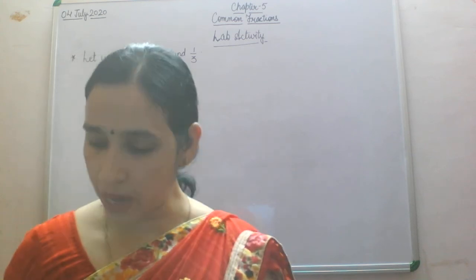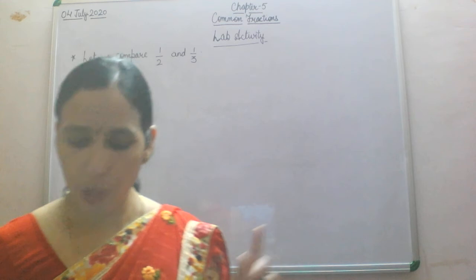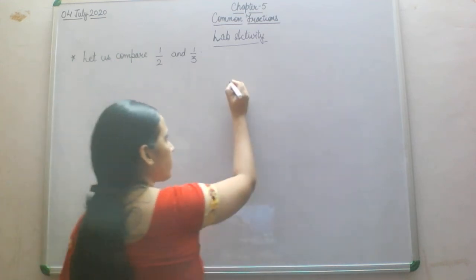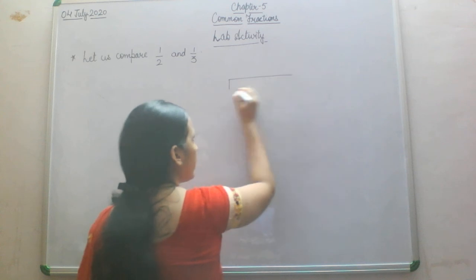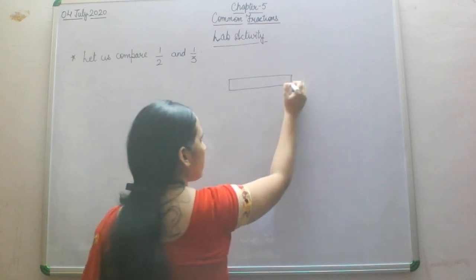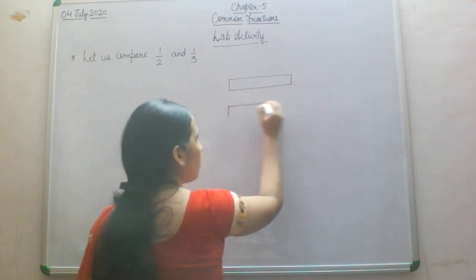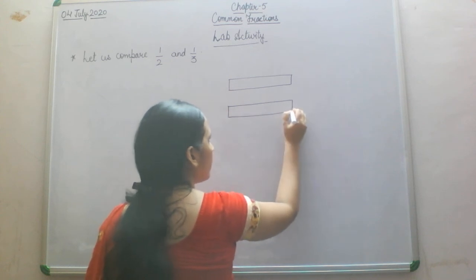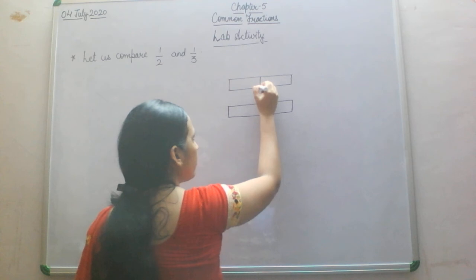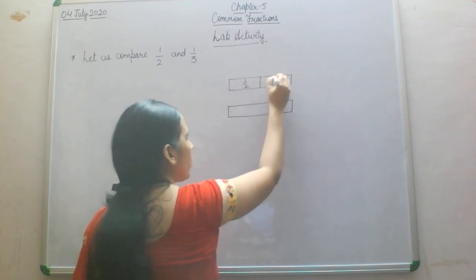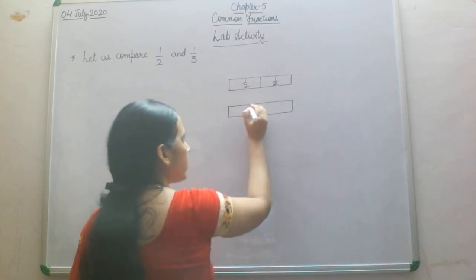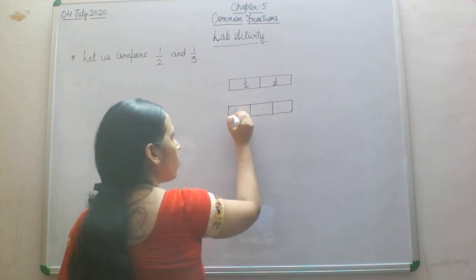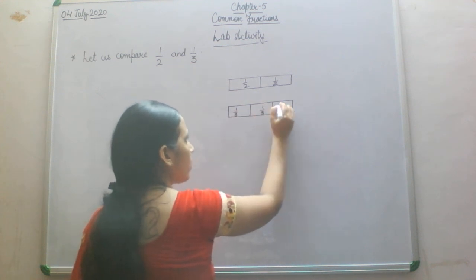Along with that, first you will paste two strips of equal size, and then divide the given strips into 1 by 2 and 1 by 3. Dividing it into 1 by 2, 1 by 2, 1 by 2 here, and in the second case you are going to divide it into 1 by 3, 1 by 3 and 1 by 3.